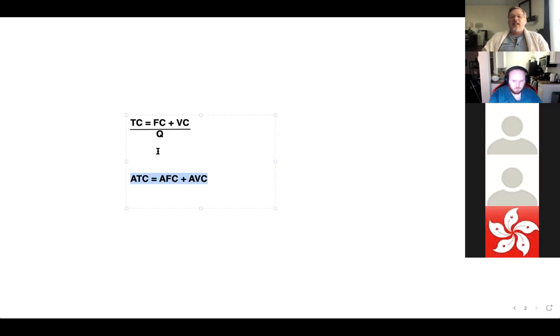Yeah, sure. And then the other one is that we sometimes use D to mean change in, right? So the change in VC is equal to MC, and then the VC is equal to the sum of the MC.